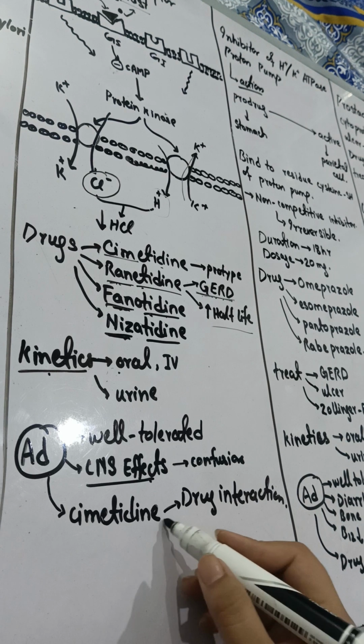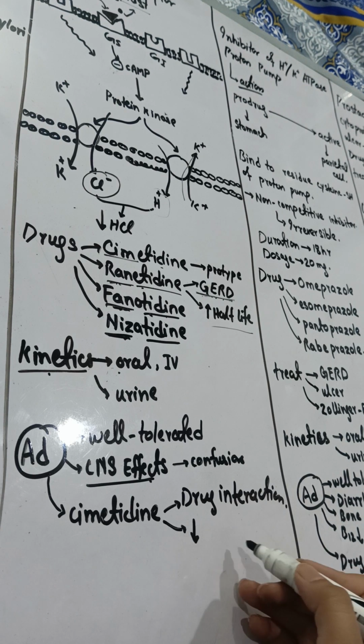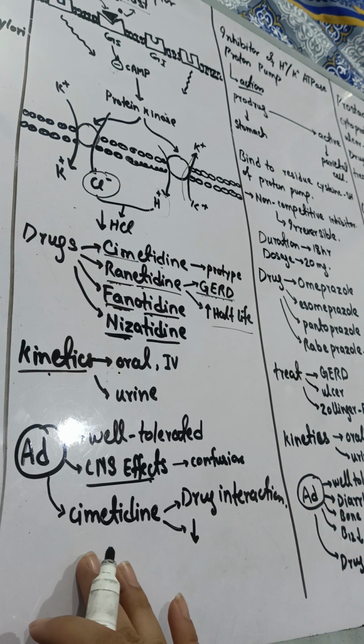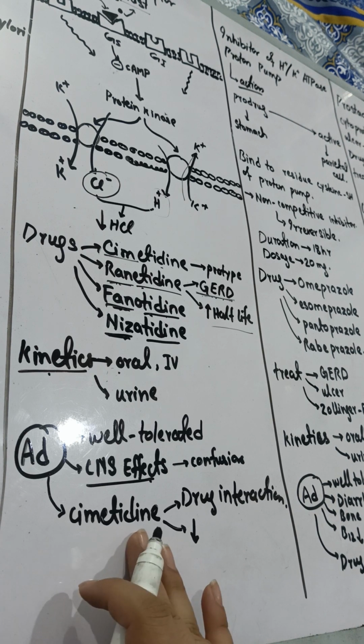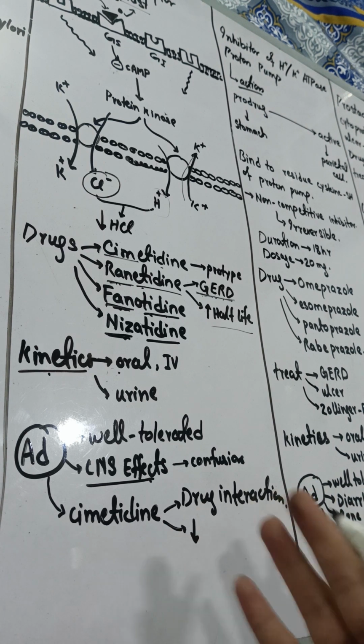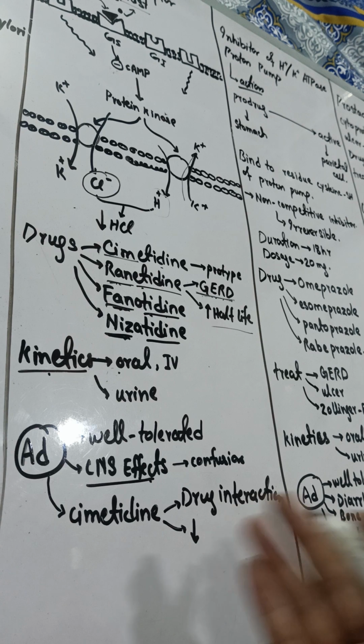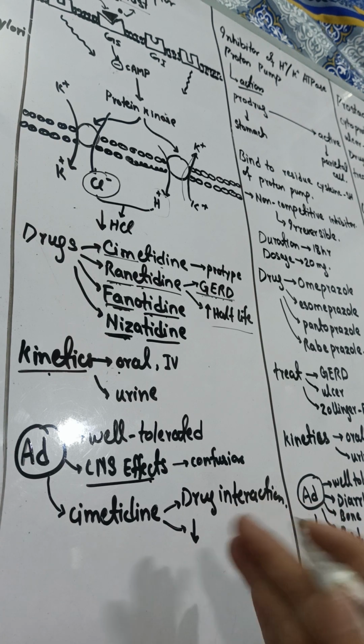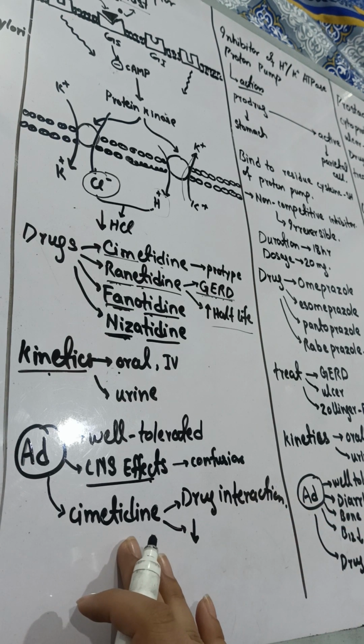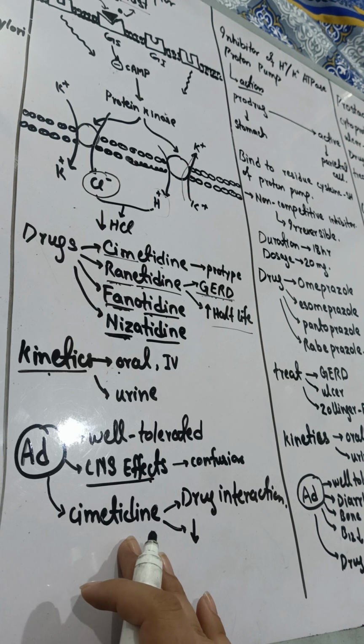Actually it is affecting the metabolism of other drugs. If you give a patient other drugs along with cimetidine, because a patient has two or more diseases, it will alter the levels of those other drugs. In what way?